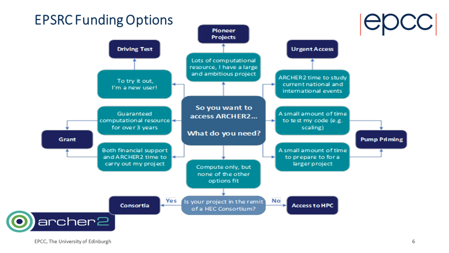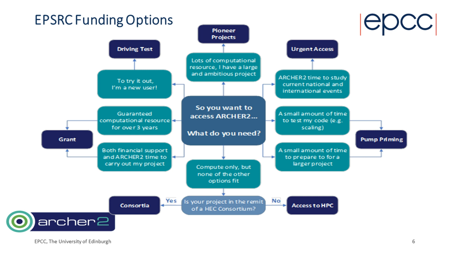So if you need a lot of computational research, you'll go to a Pioneer project. If you just want a small amount of time to test, pump priming. Urgent time, we have this urgent access that you can apply for. Compute only, so you don't require any funding for staff effort or overhead costs, then you can apply for the consortia or the access to HPC call.